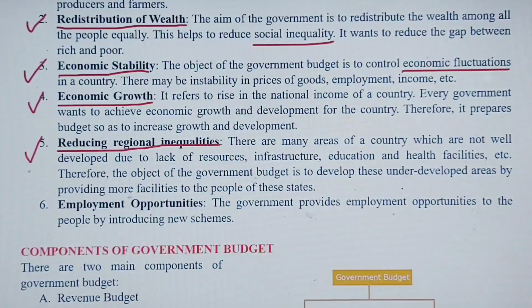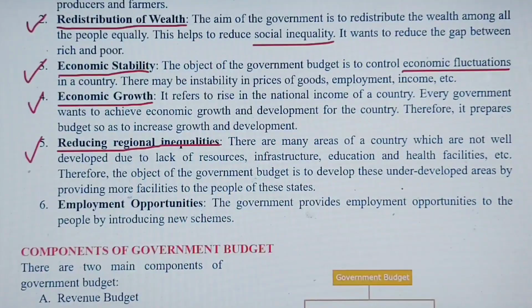So, for example, say Nagaland and Gujarat. Gujarat is much more developed than Nagaland, and there are reasons behind that, because there are not good infrastructure facilities, the education standards, the health facilities, the natural resources, like there are a lot of forest, hilly areas.